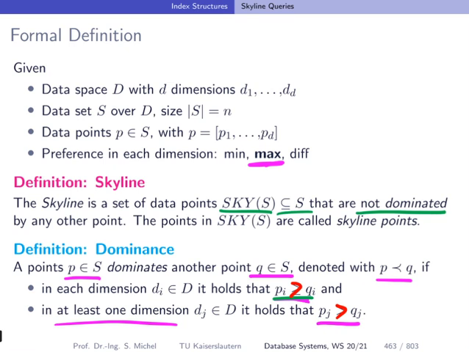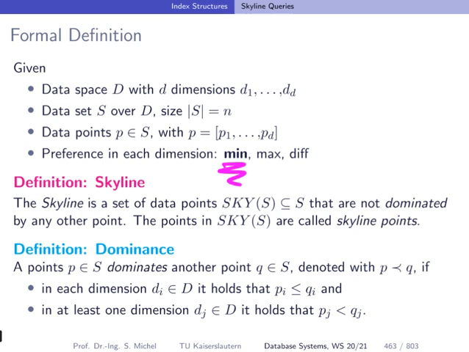That's also fine. So there should be one dimension where the dominating point is strictly larger, and for the others it has to be larger or equal, for the case of max. For the case of min, it's just the other way around: smaller or equal, and in one dimension, strictly smaller.